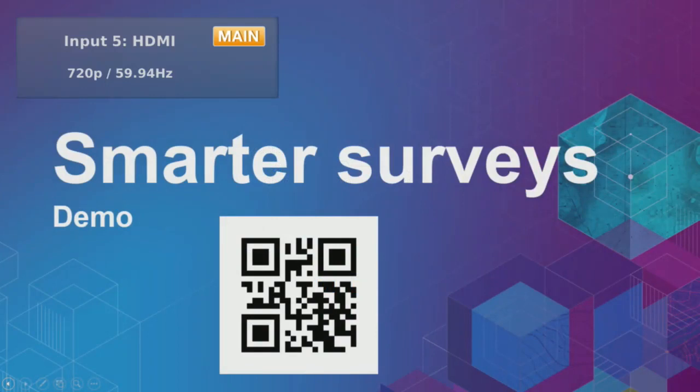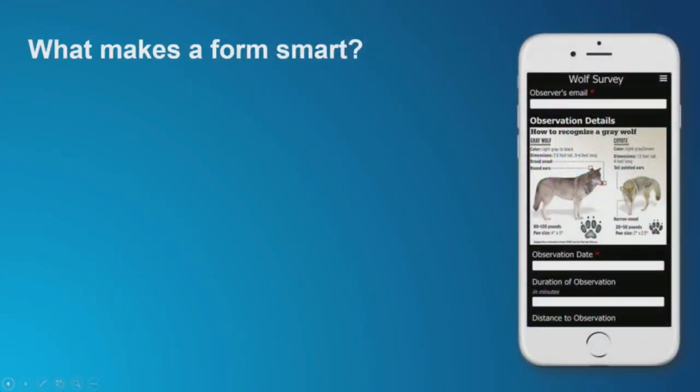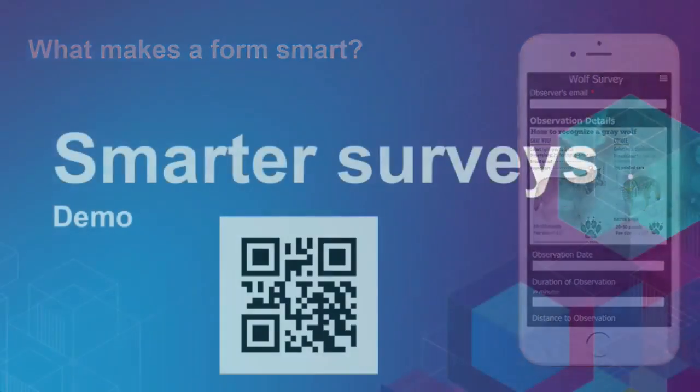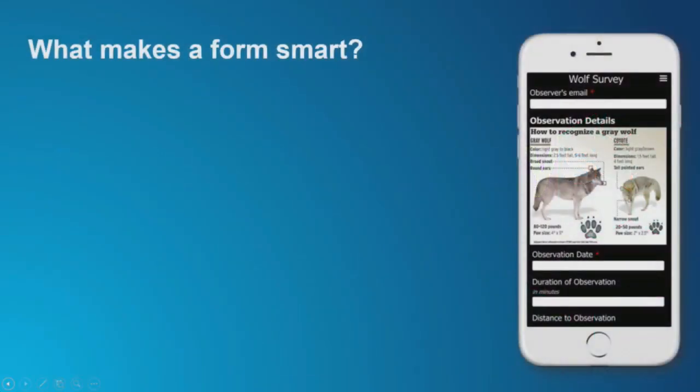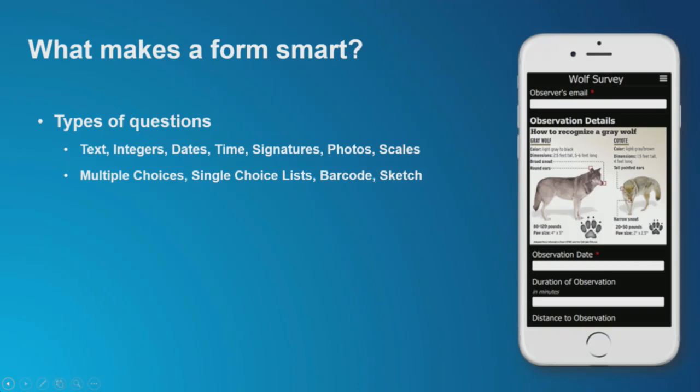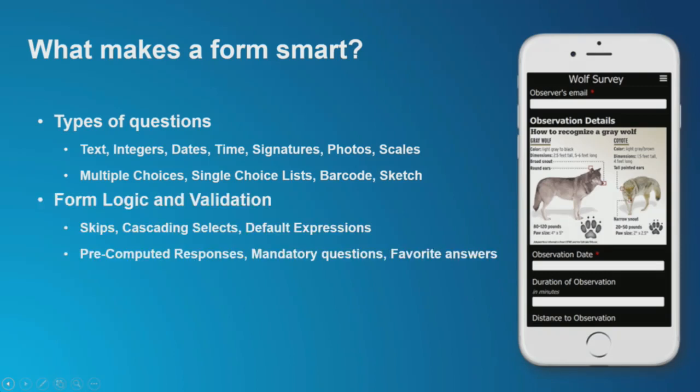The web authoring environment that we described before doesn't have all of these options. The web environment is really designed to make things quick. But where things get really interesting is when you get into the full spec of the smart forms, right? So just as a recap, what makes a form smart? Types of questions. We saw some of them. Form logic and validation.